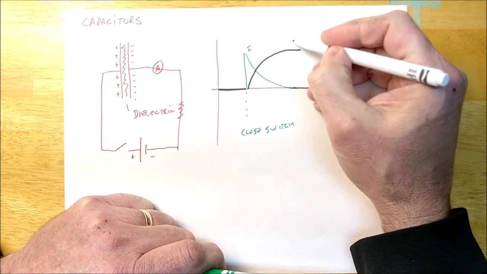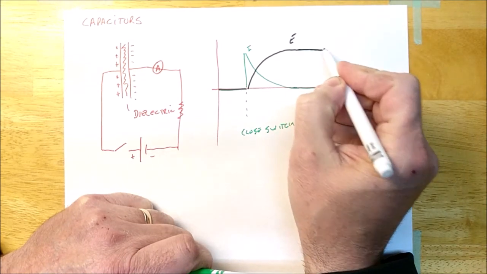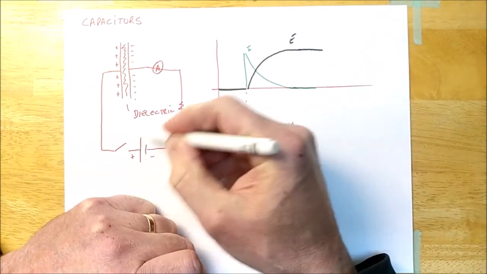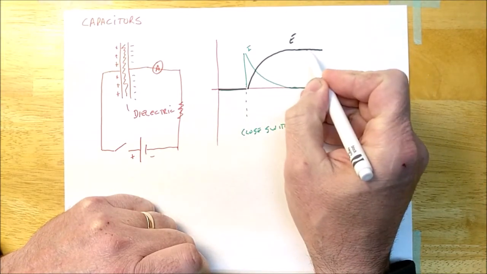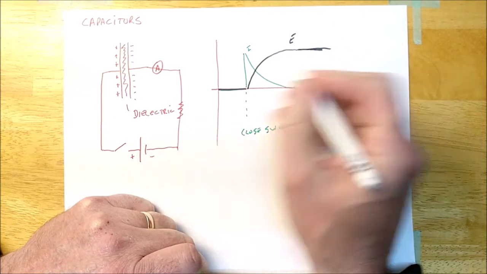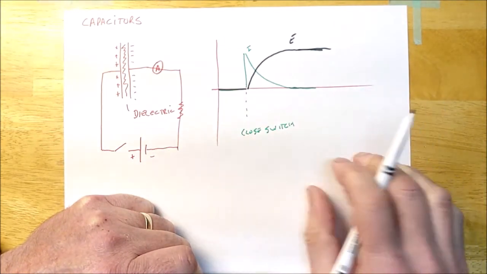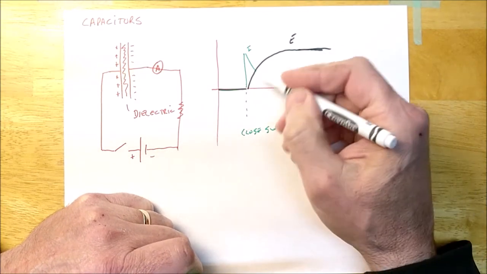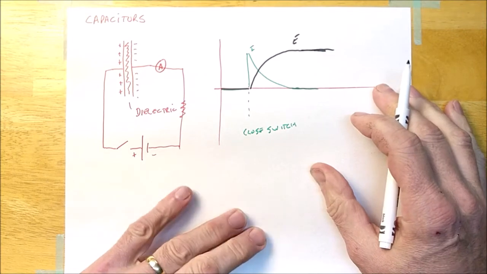That is the voltage curve, and that eventually becomes equal to whatever this DC source is, and then nothing changes anymore, and I don't have any current flowing anymore, and the voltage potential across the capacitor is equal to the source voltage right here. And this is what we call charging the capacitor, right?